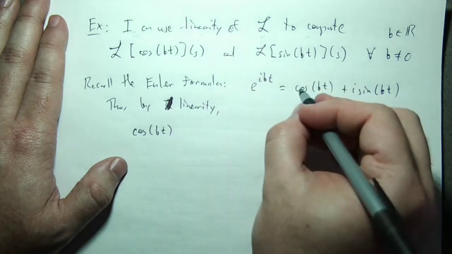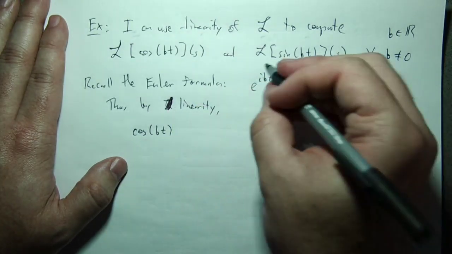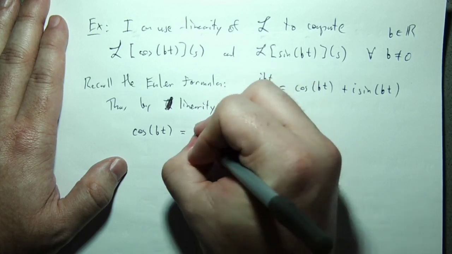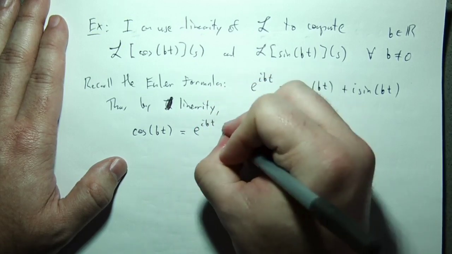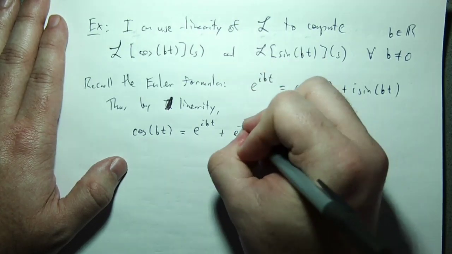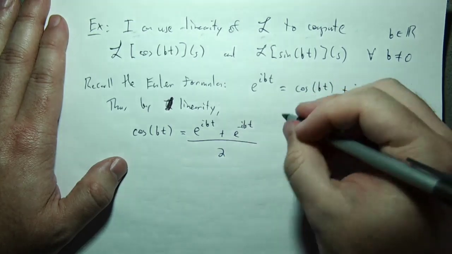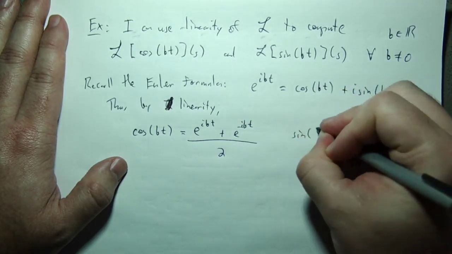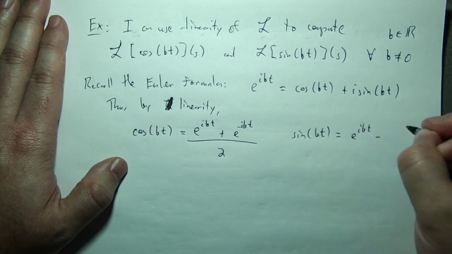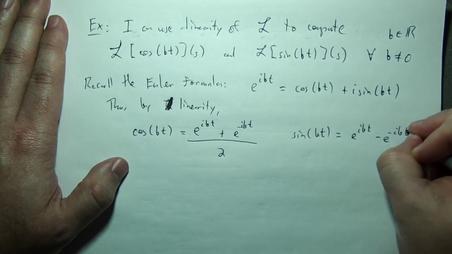This is just true in general from the Euler formula. So from the Euler formula, cosine of bt is e to the ibt plus e to the minus ibt over 2. And sine of bt is e to the ibt minus e to the minus ibt over 2.